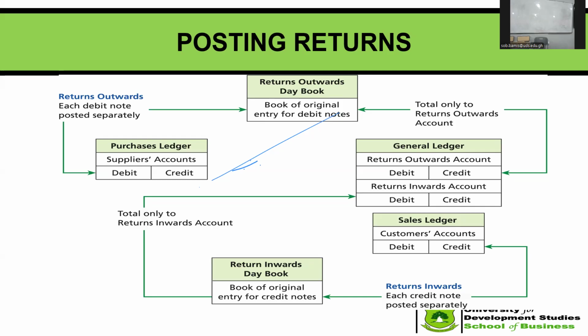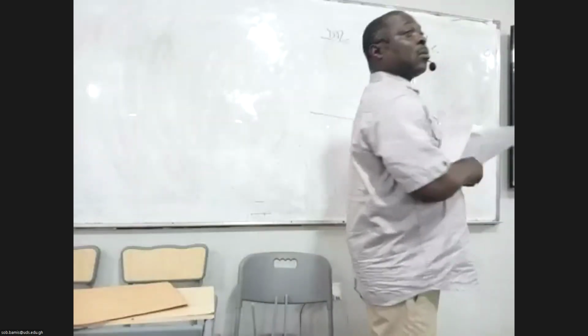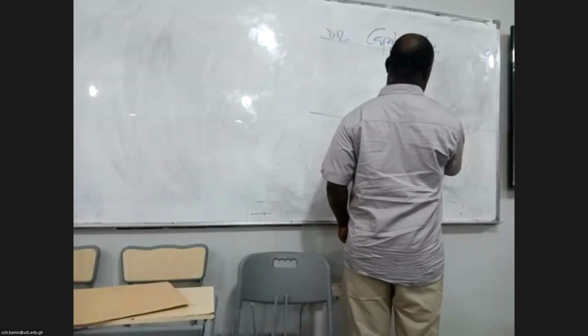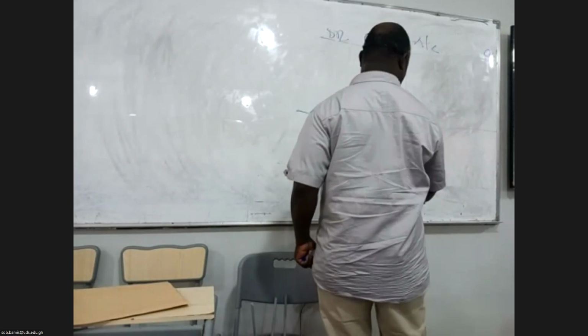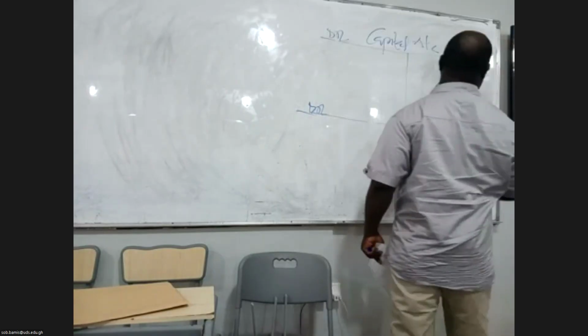So for this, we have our capital account, debit, credit, then we have cash account, also debit and credit.